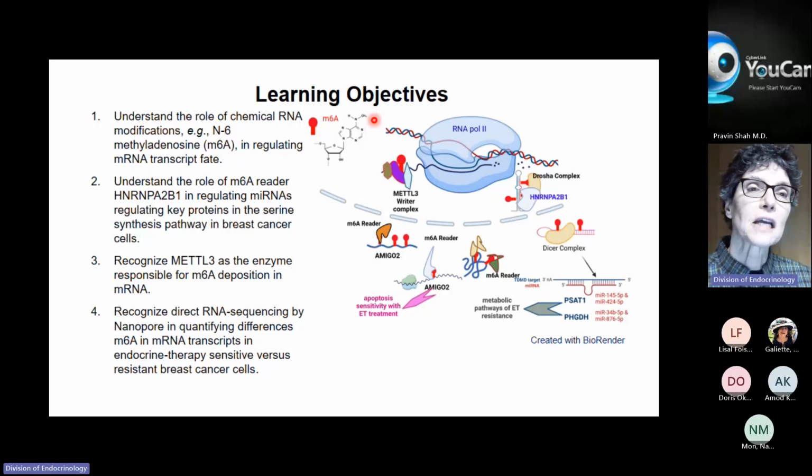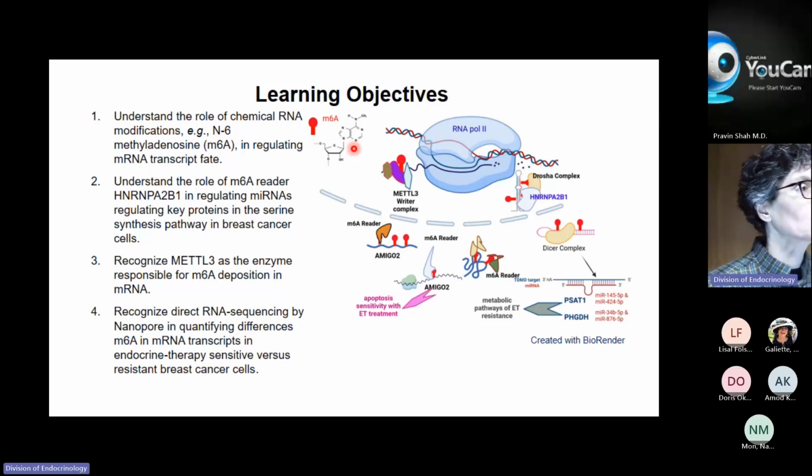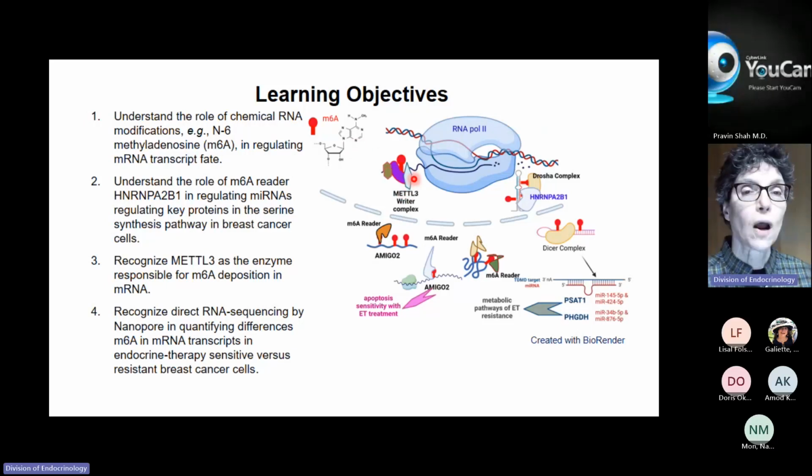And so N6 methyladenosine is an epitranscriptomic mark, a chemical modification of transcribed RNA, and it's the most abundant modification in mRNA. And it's applied to RNA by the METTL3 methyltransferase complex. So that's the writer complex.